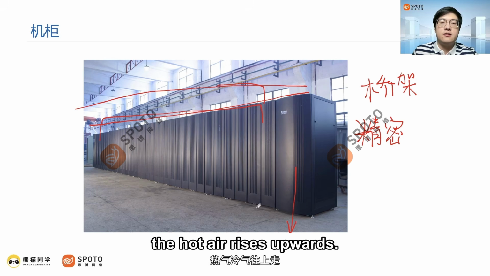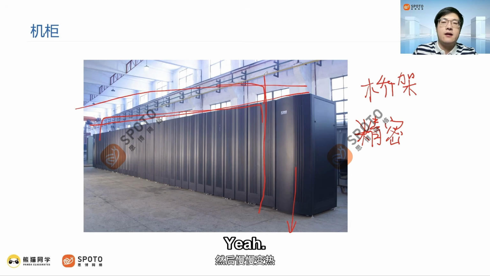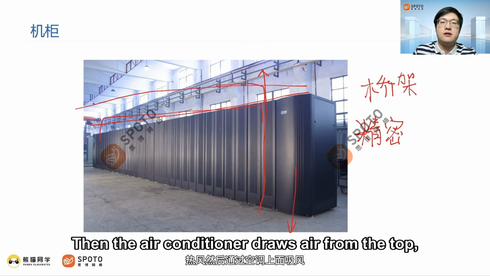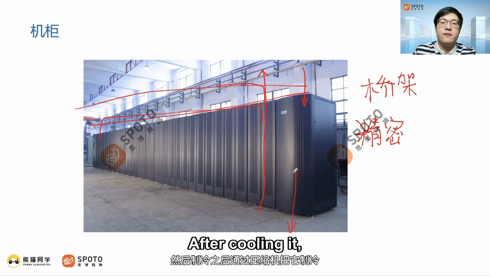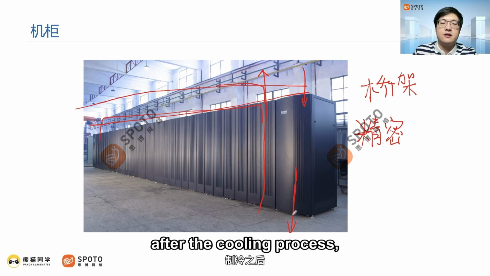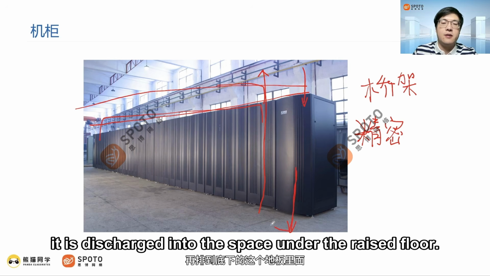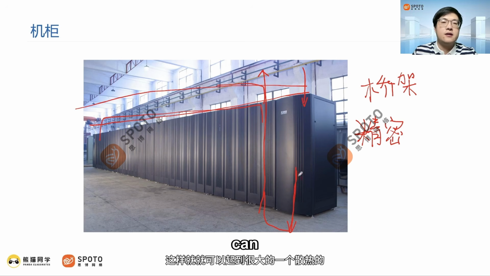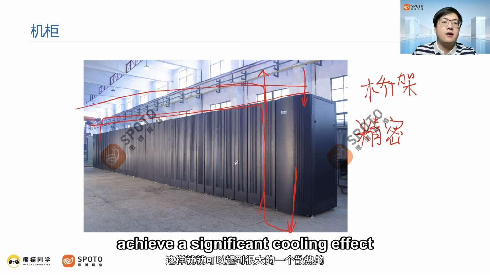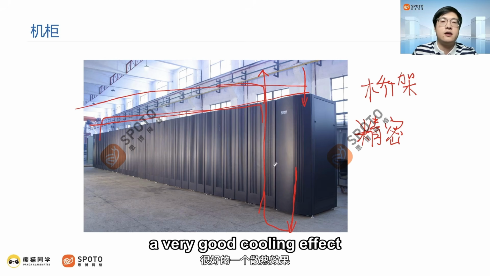And then, the hot air rises upwards. The top is all hot air. Then the air conditioner draws air from the top, sucking the hot air down. After cooling it using the compressor, it is discharged into the space under the raised floor. Then the cold air forms a cycle. This cycle can achieve a very good cooling effect.